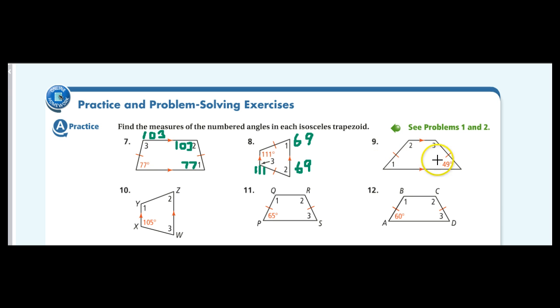Number 9, measure of angle 1 is 49. Measure of angle 2 is 131, and the measure of angle 3 is 131. Number 10, measure of angle 1 is 105. Angle 2 is 75, and angle 3 is 75.